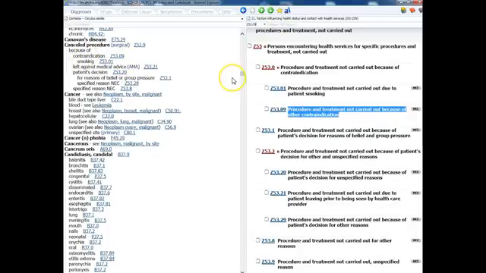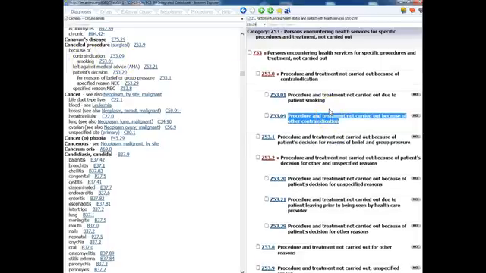But we had a contraindication, and if we go to this particular category, this is in Chapter 21, and this category is persons encountering health services for specific procedures and treatment not carried out. And then we can see that this code is procedure and treatment not carried out because of other contraindication.